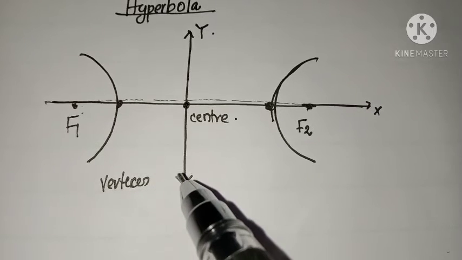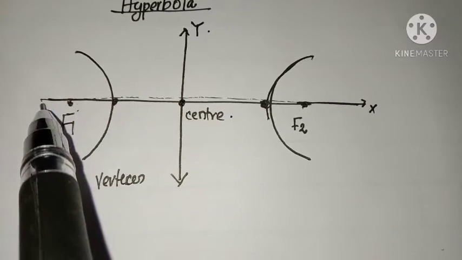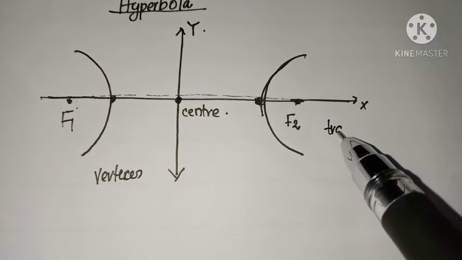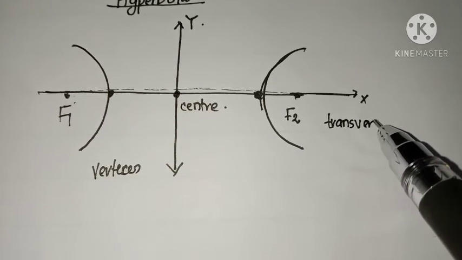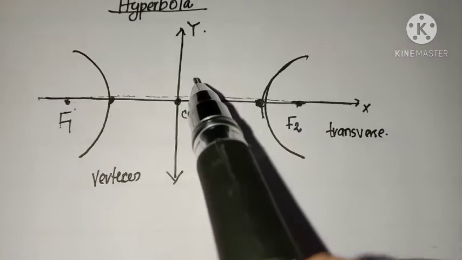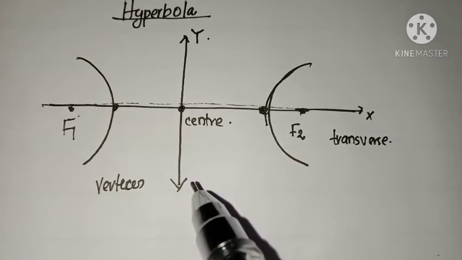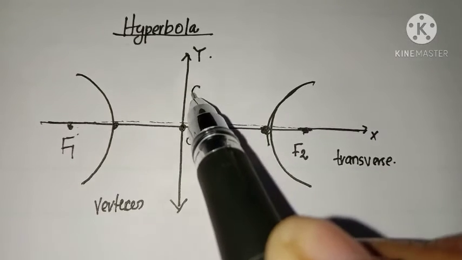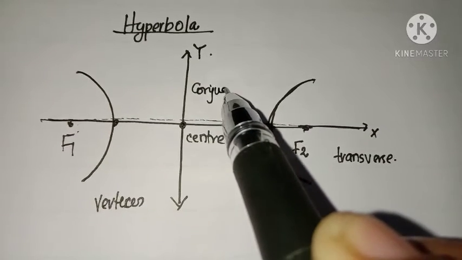hyperbola. Okay, now see, the line through the foci is called the transverse axis. And the line perpendicular to the transverse axis is known as the conjugate axis.